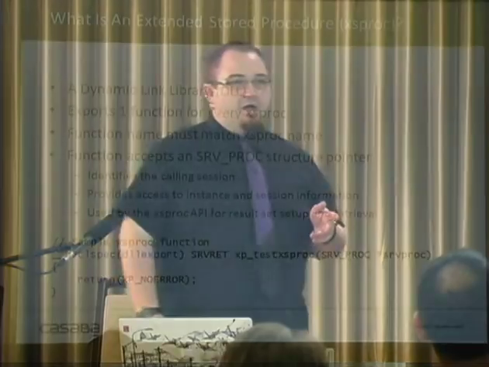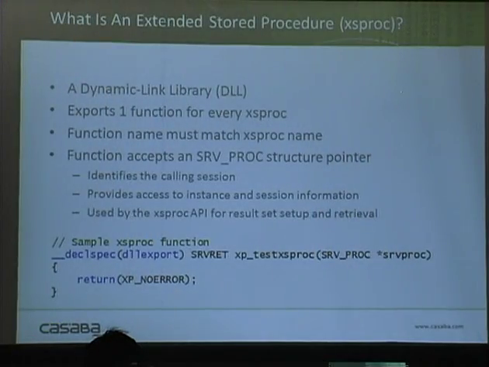Within the DLL that it's mapped to, there's an exported function, XP command shell. All these DLL functions do is take in an SRV proc structure that's handed to it by SQL. That proc structure has information pertaining to the session that called it. So if you're a domain account that called XP whatever, it gets some information saying domain user called this, here's what his session information looks like, and here's some other interesting facts about SQL.